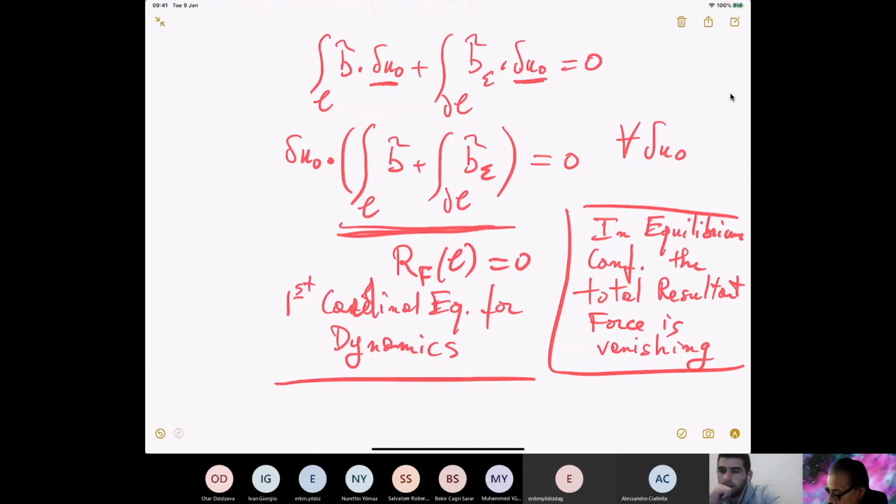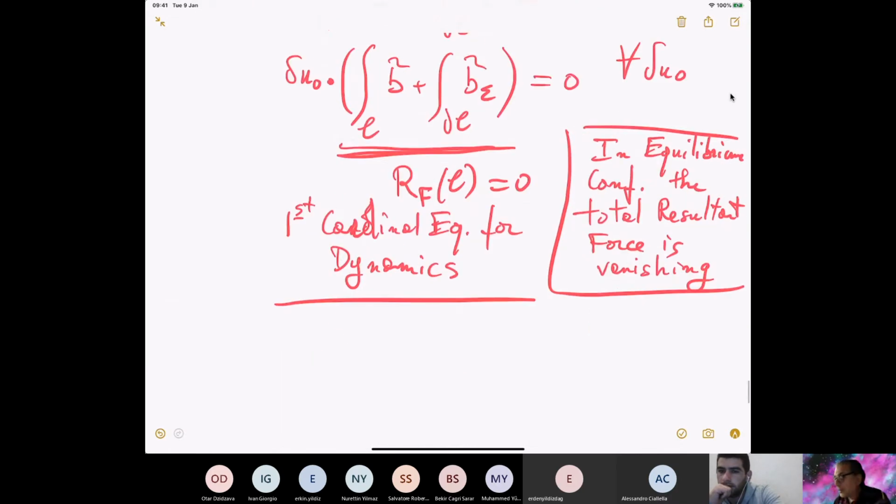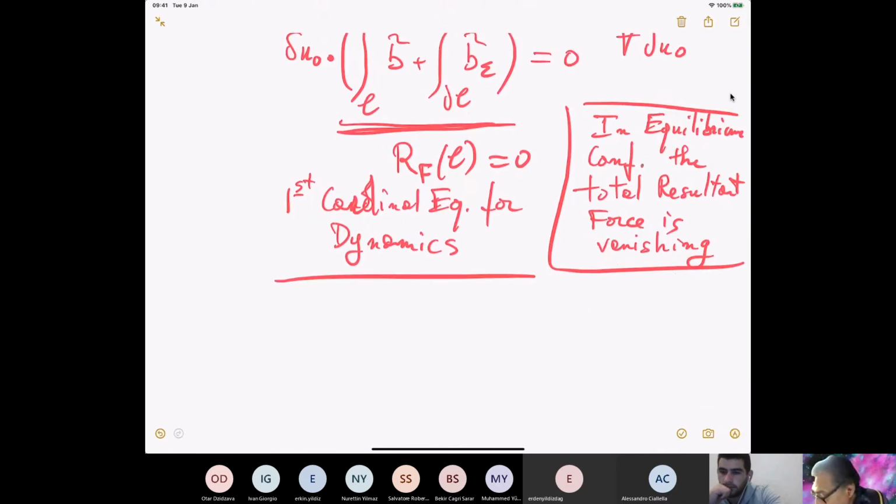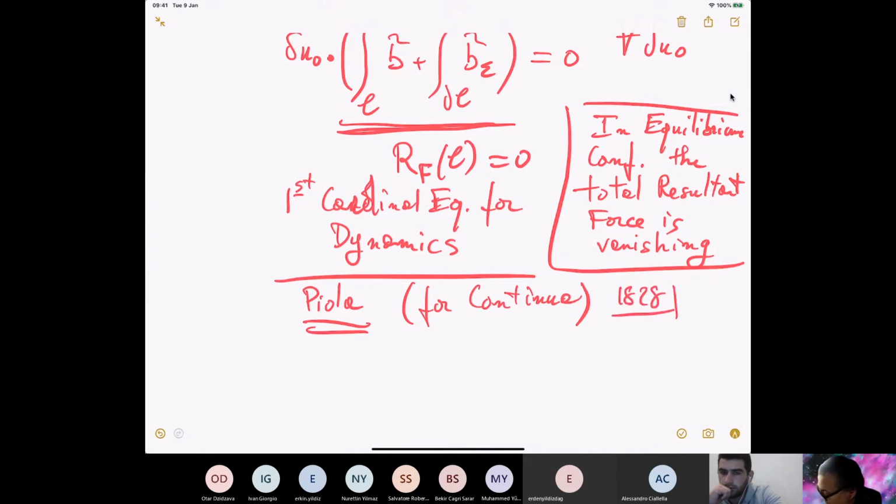You find the first proof of this statement for continua in Piola's works around 1828.